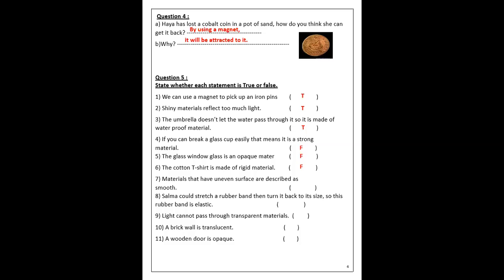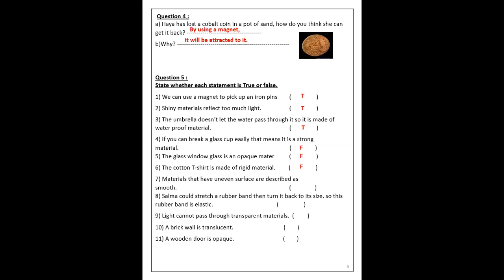Number 7, materials that have uneven surface are described as smooth. So there is something called smooth material and there is something called rough material. The smooth material, we said it has even surface. When you put your hands on it, you will find your hands what? Sliding. There are no ups and downs.